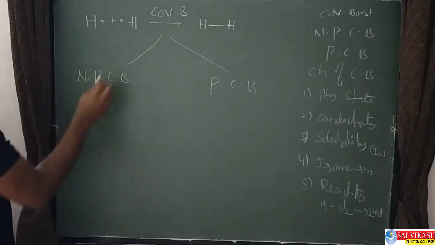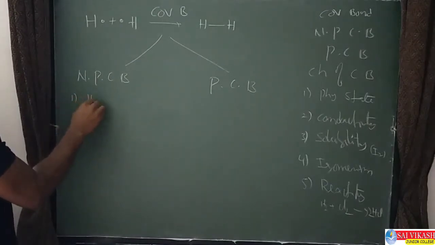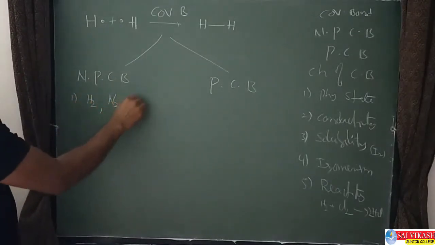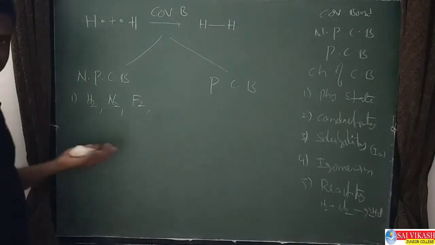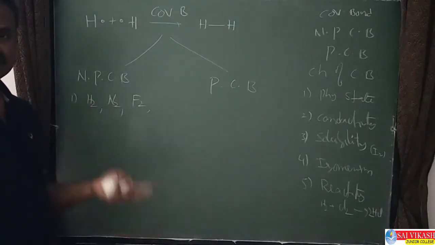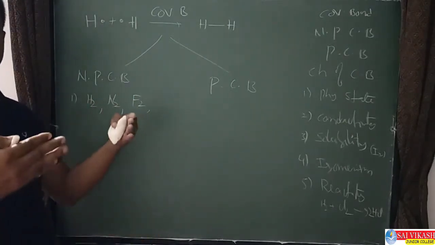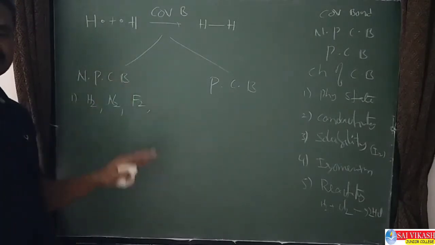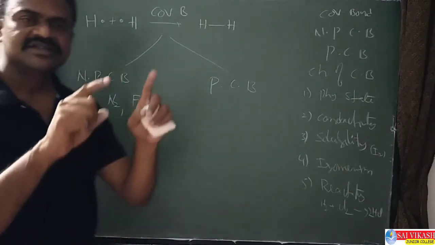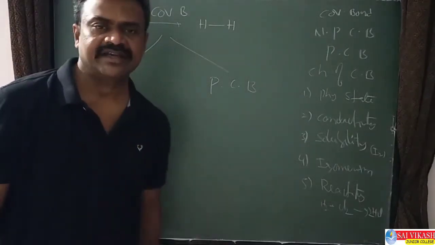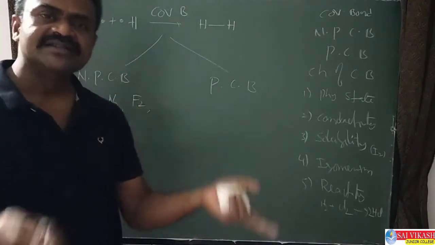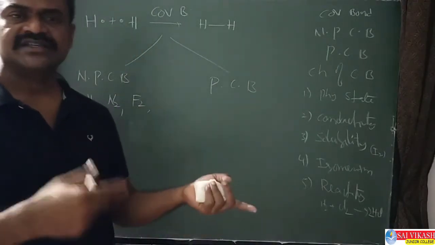Examples for this are H2, N2, F2, Cl2, same atoms. Whatever bond is formed between same atoms is called non-polar, meaning polarity is not there. Polarity means charges will form, positive charge and negative charge.